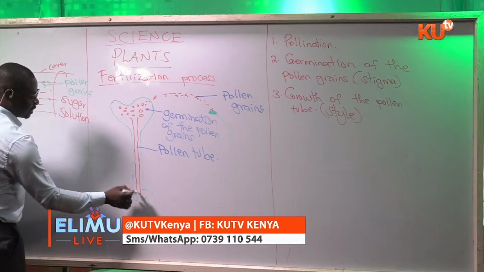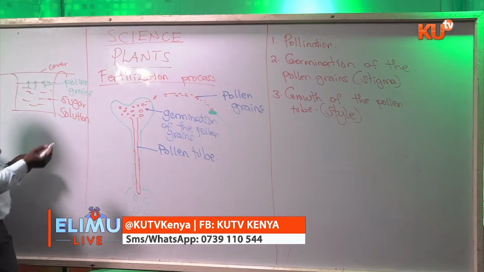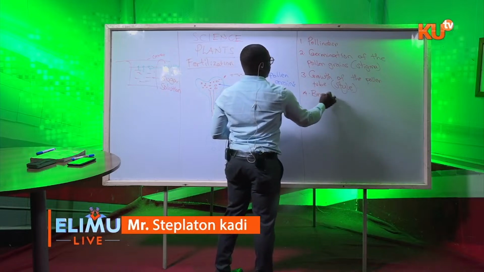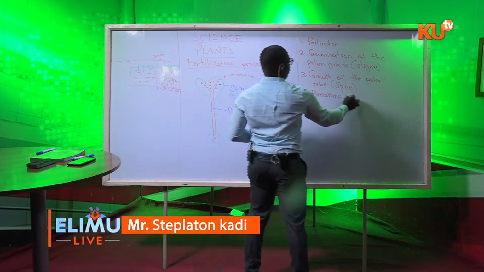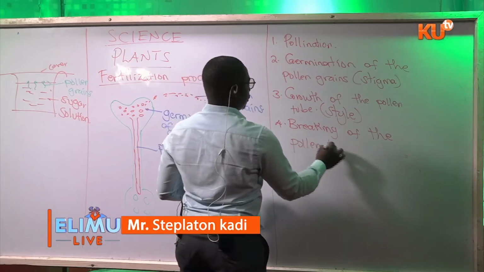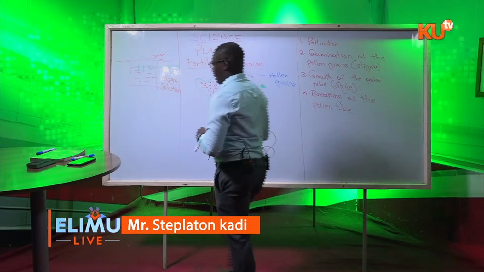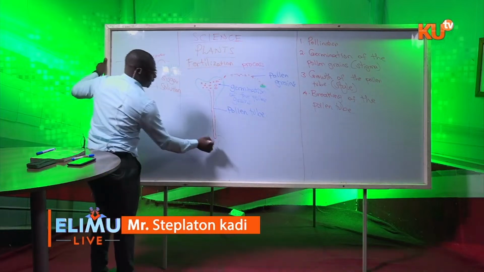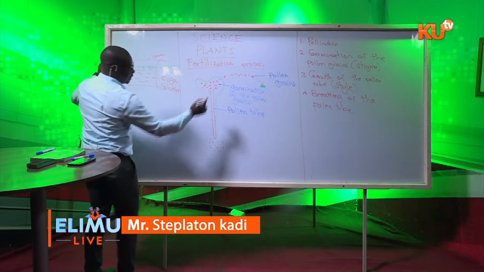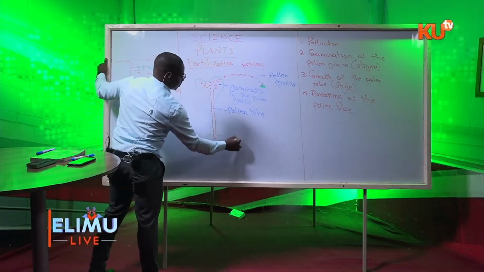Once it reaches here, it gives us the 4th process, which is breaking of the pollen tube. So the pollen tube breaks. After the pollen tube has broken, it releases the pollen grains. Remember, the pollen grains are here now.